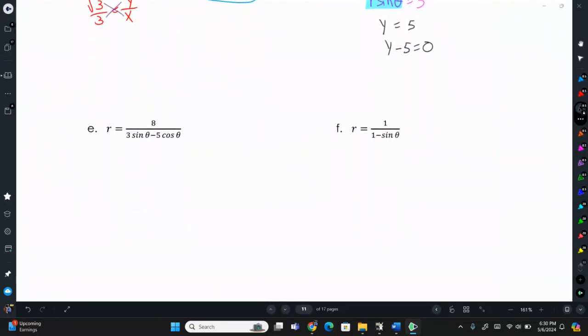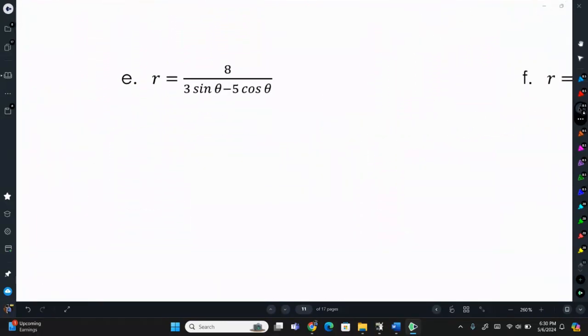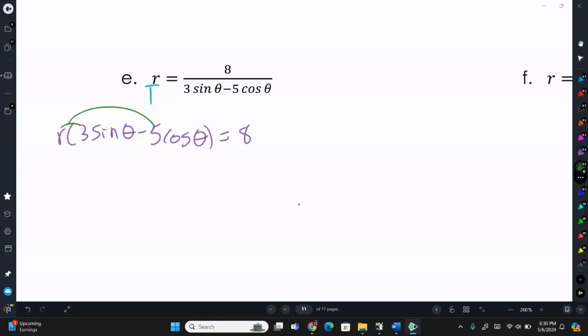All right, now letter E seems a lot more difficult than it is. We're going to cross multiply. And when we cross multiply, remember this r is going to be multiplied by both things in that denominator. So we can distribute. So you have 3r sine theta minus 5r cosine theta equals 8.